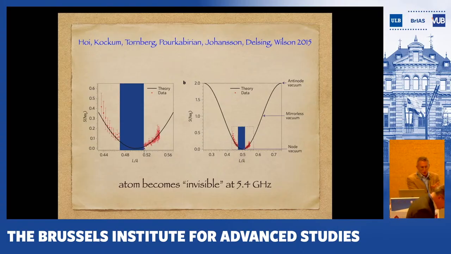Okay, so as you see, when you are in a situation of resonance, the atom disappears. The red points there are the measurements. So when the atom is at the correct distance from the mirror, the atom disappears. I used to show this slide when I go to high schools and give talks to high school students, because these are the symptoms of decoherence.